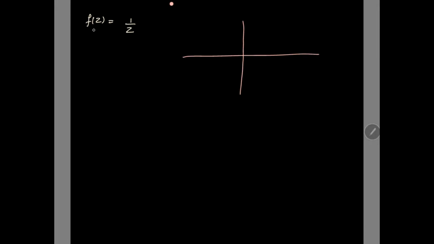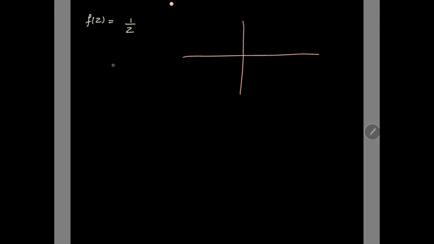Now where is this function analytic? First tell me where this function is not analytic. You are having 1 by z, that means this function is not analytic at the origin, z equal to 0, because if z is 0 then this function is not defined. So this function is not analytic at z equal to 0.